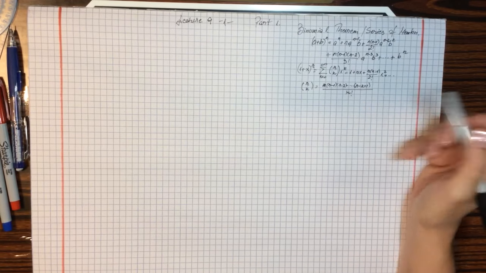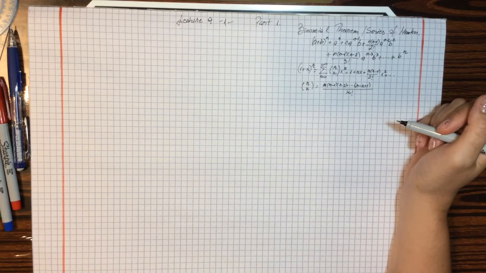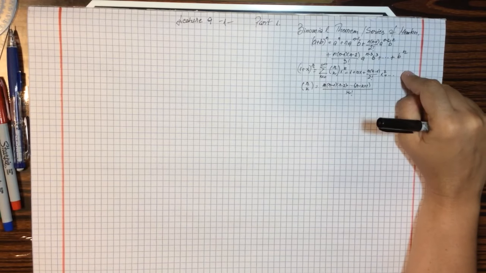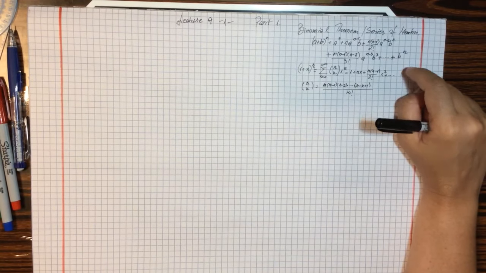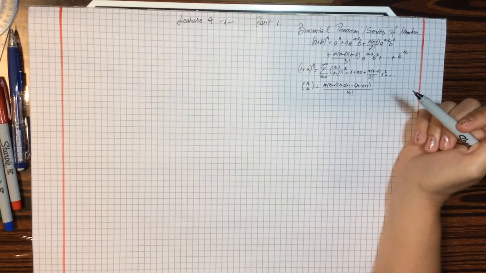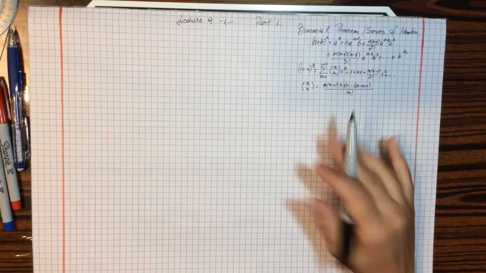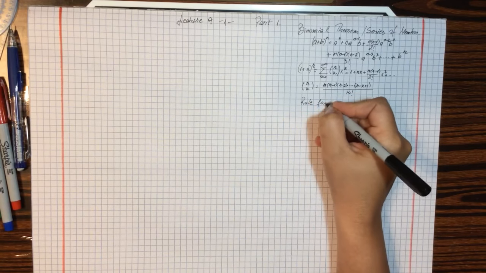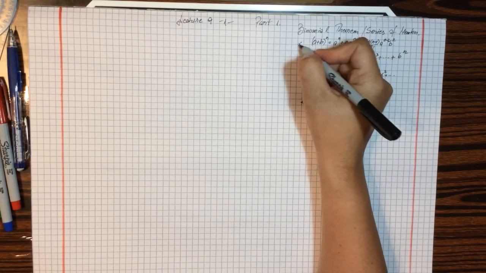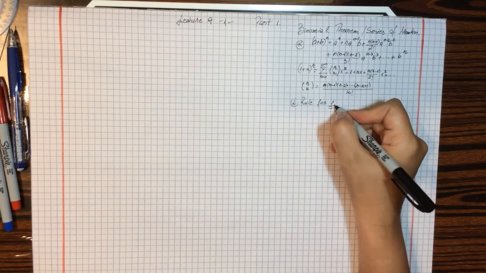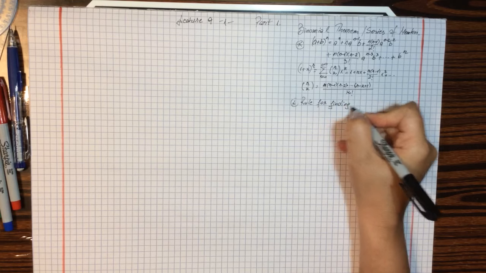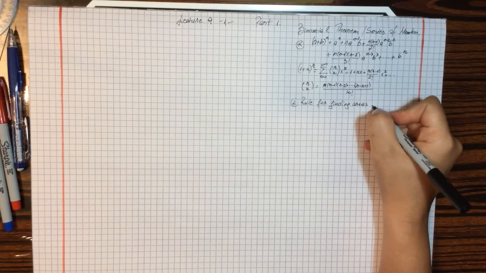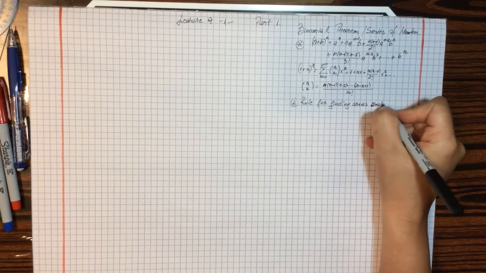Okay, so as I said before, one of the first great mathematical discoveries was the generalized version of the binomial formula, together with the rule for finding areas under a curve. So this is one: the rule for finding areas under a curve.